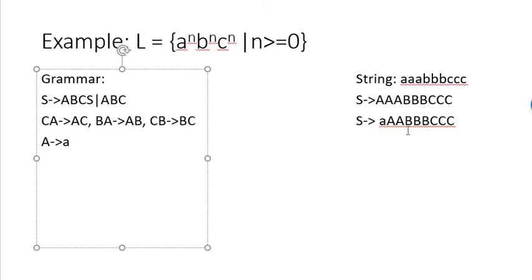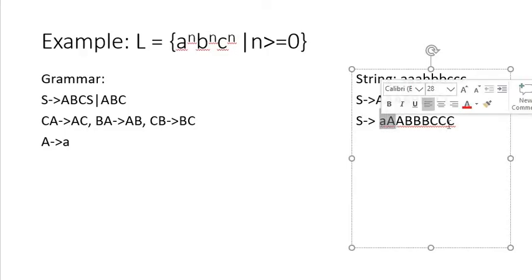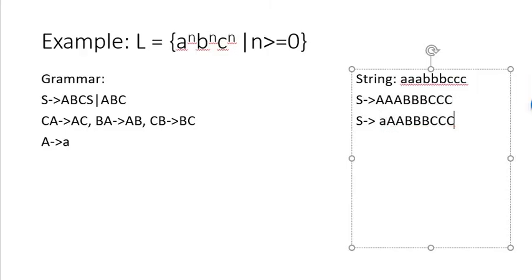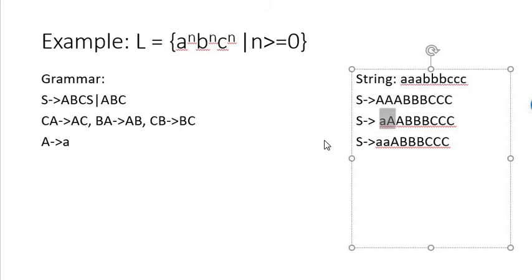Then to maintain this ordering, what I will do is: if small a capital A is there, then and only then it should be replaced by small a, right? What I am saying is that if small a capital A is there, then it should be replaced by small a.